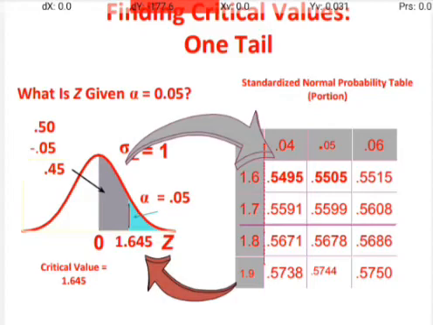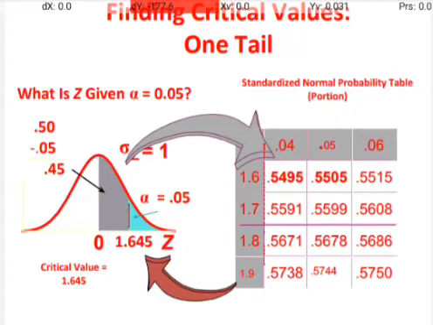So 100% minus 5% is 95%, which serves as your confidence level. Now for a confidence level of 95%, you check for the critical value.